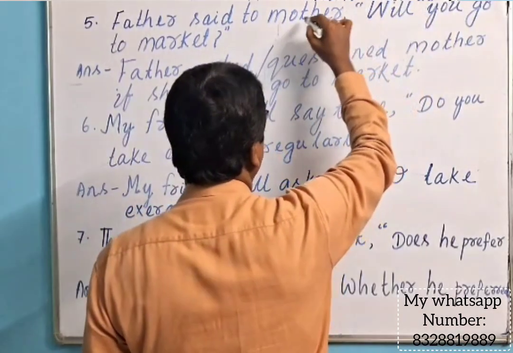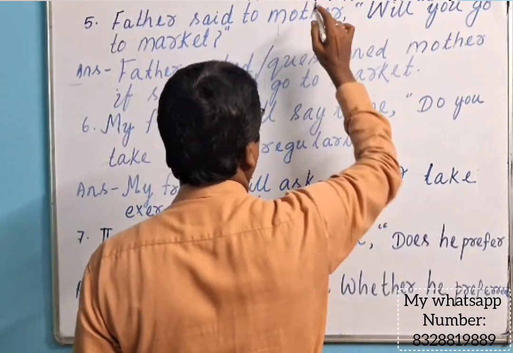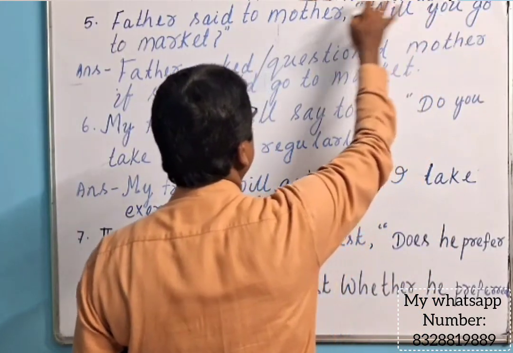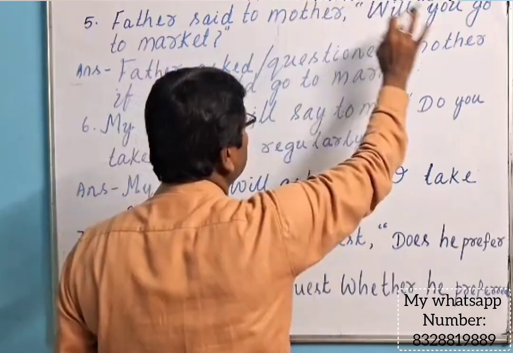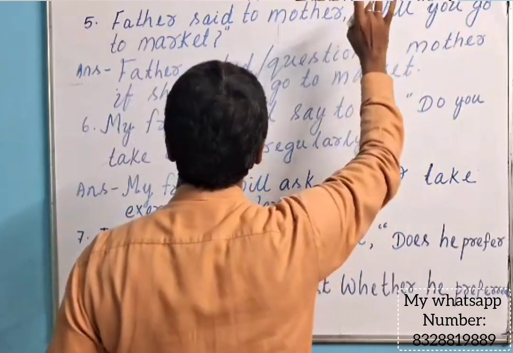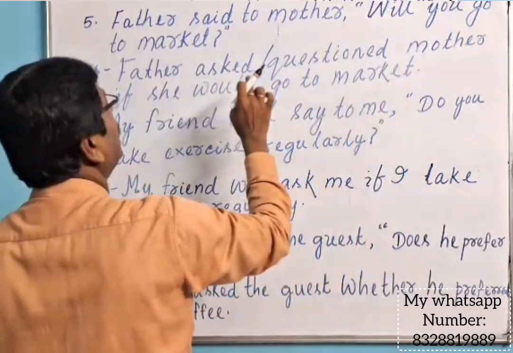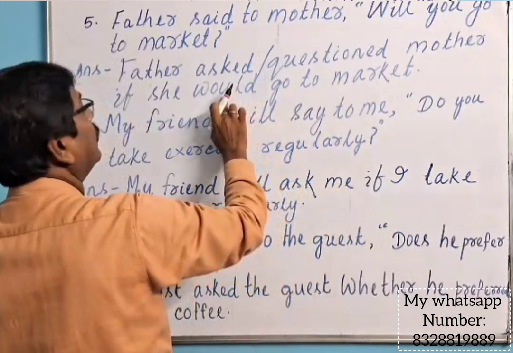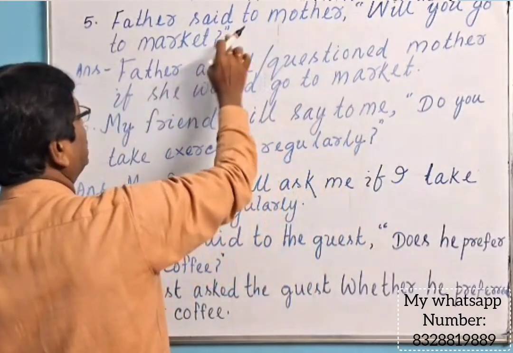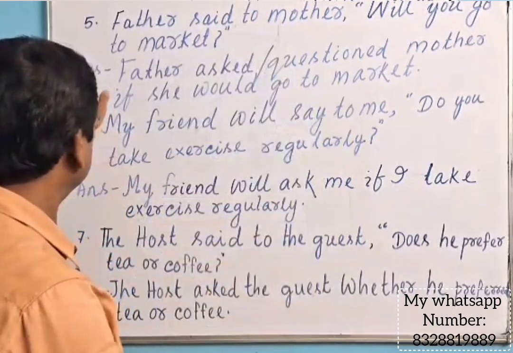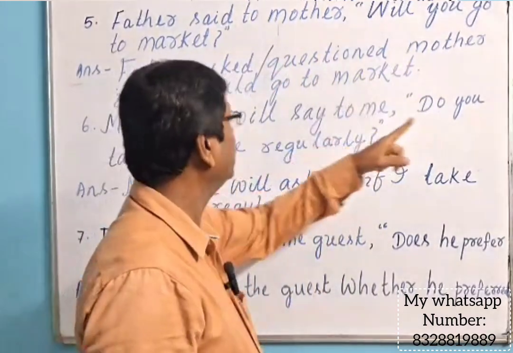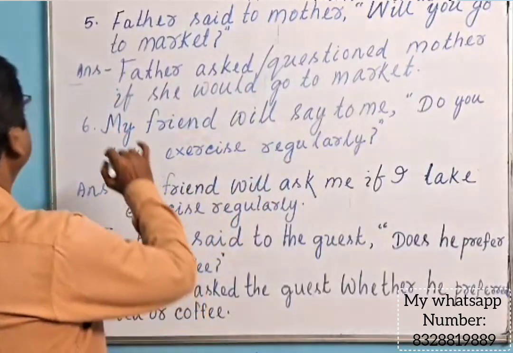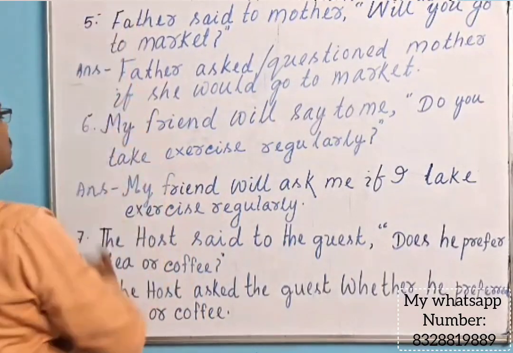"You" will change according to mother. You and mother are the same person. So instead of "you", we will use mother or its pronoun. Its pronoun is "she". If she would go to market. "Will" will be changed into "would", the past form, because the reporting verb is in past tense. So father asked or questioned mother if she would go to market, right? Then we shall go for question number 6.